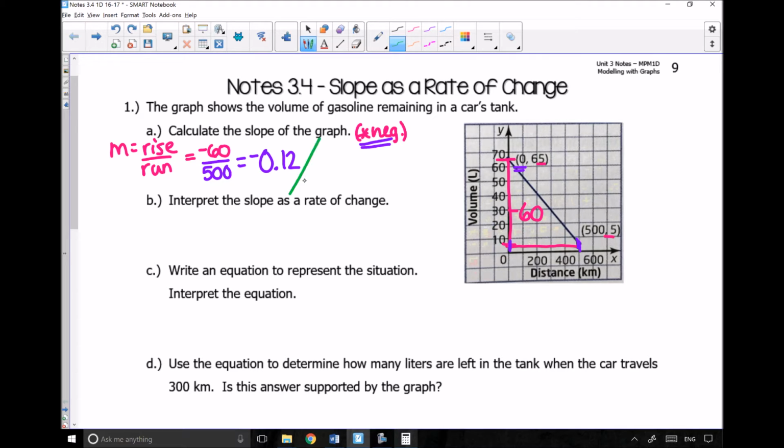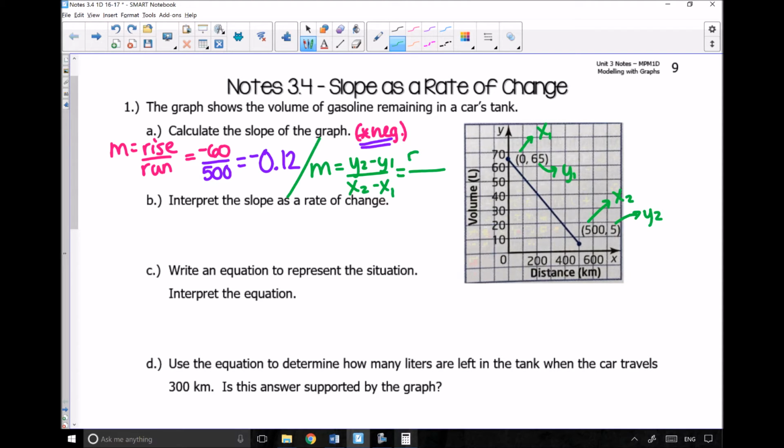Okay, let's do it another way. Let's use y2 minus y1 over x2 minus x1. And let's go ahead and figure out what my values are right here. So I'm going to call this one x1 because it's my first x. This is y1, this is x2, and this is y2. So let's go ahead and plug in our information.